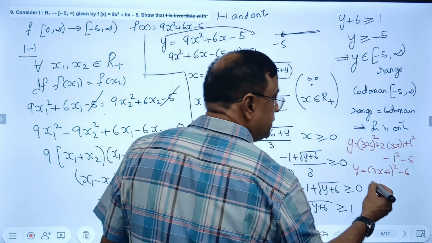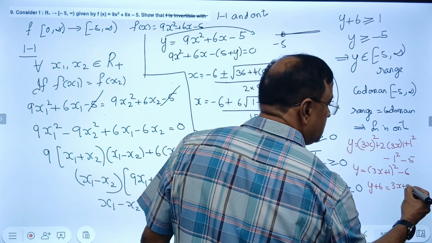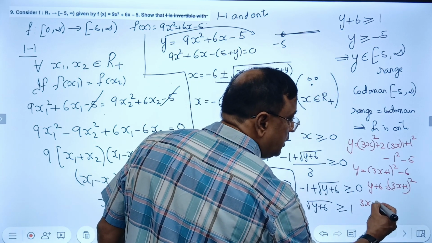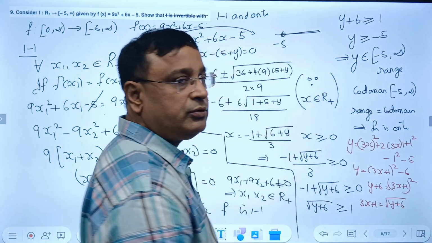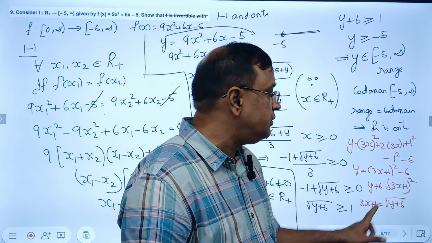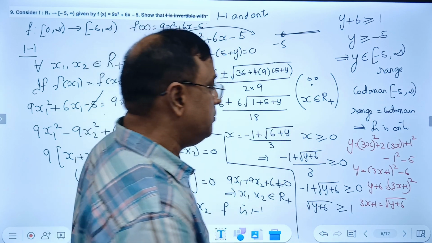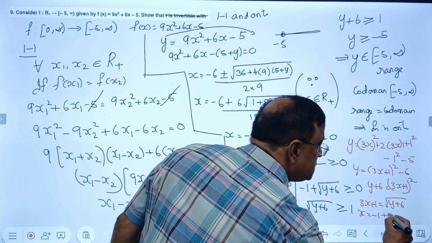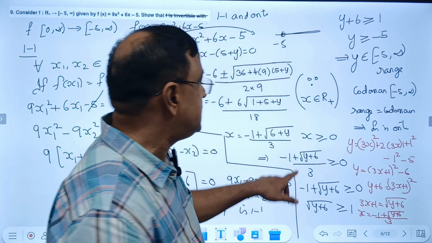Now bring the minus 6 this side, you get y plus 6 is equal to 3x plus 1 the whole square. Taking square root, you get 3x plus 1 equal to root of y plus 6. I am taking only positive square root because 3x plus 1 is always positive, because x is from the set of all positive real numbers. So clearly from this you get x is equal to minus 1 plus root of y plus 6 divided by 3, which is exactly this.